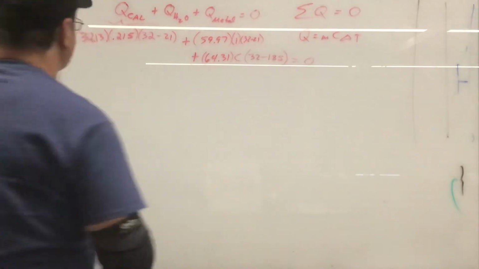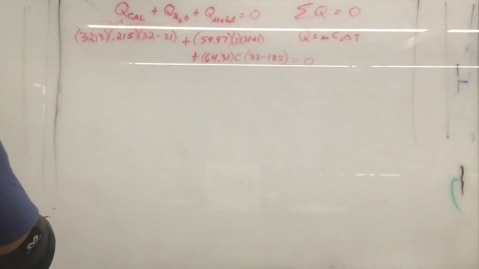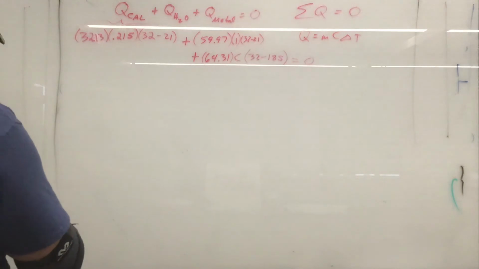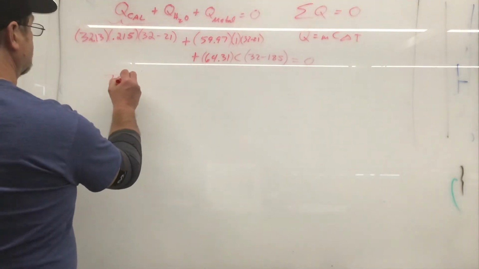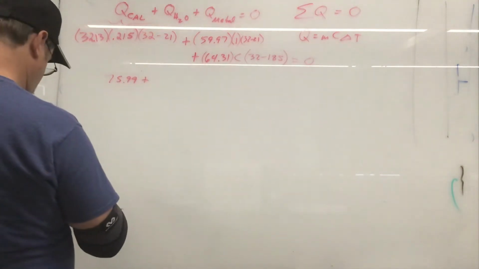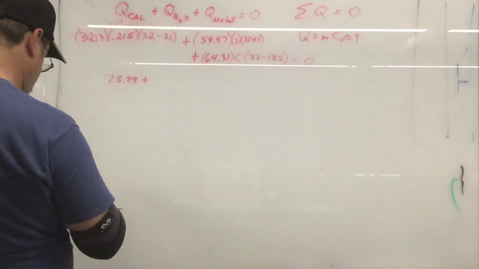So now I go through this calculation. Okay, I got 32.13 times 0.215 times 11. So that's 75.99 here. I have 59.97 times 11.